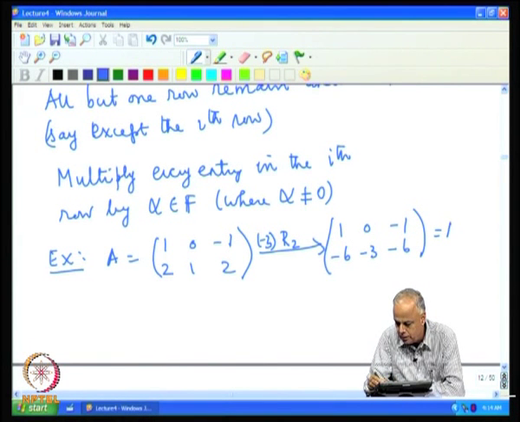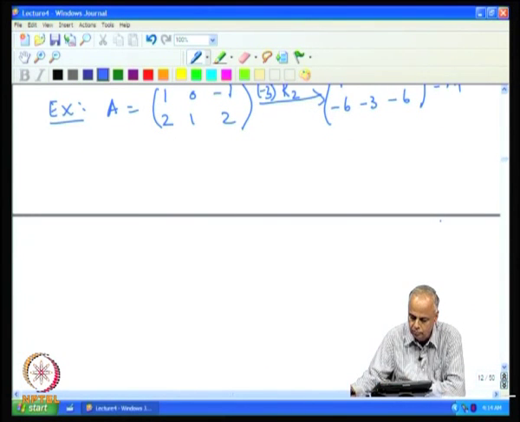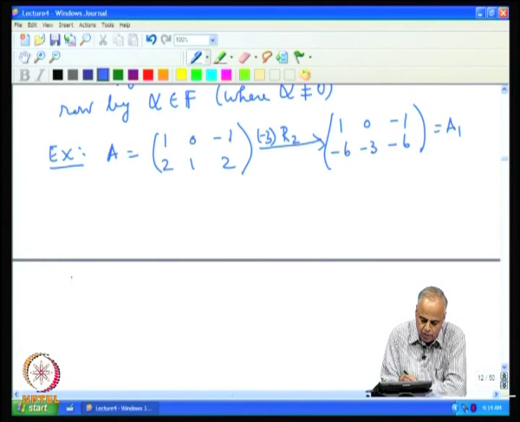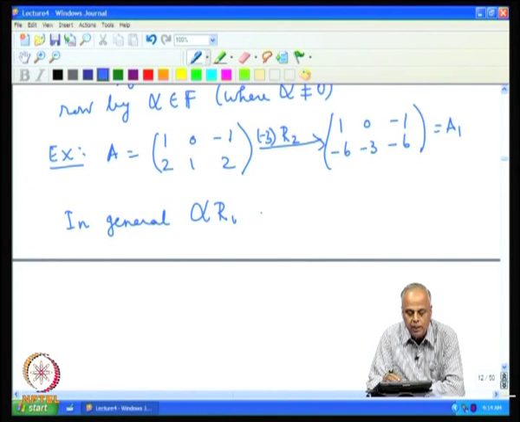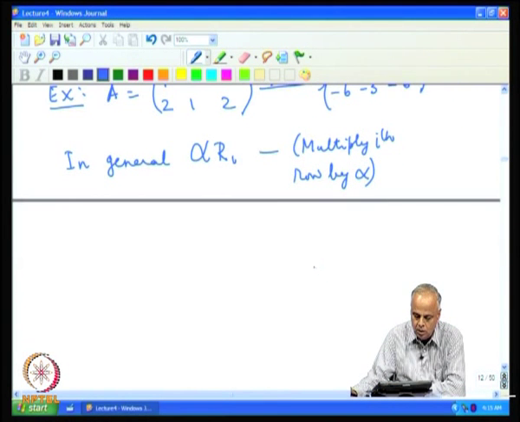We call this matrix A1. So, in general, let us fix the notation. In general, alpha Ri would mean we are multiplying the ith row by alpha, where of course alpha will be non-zero.